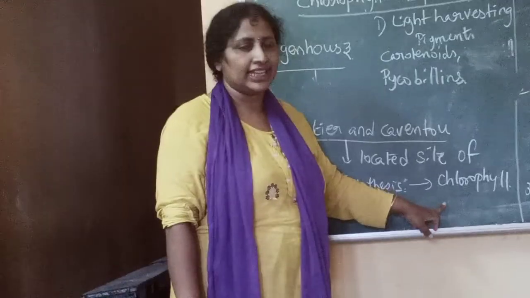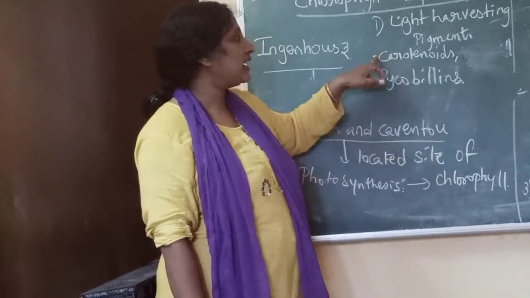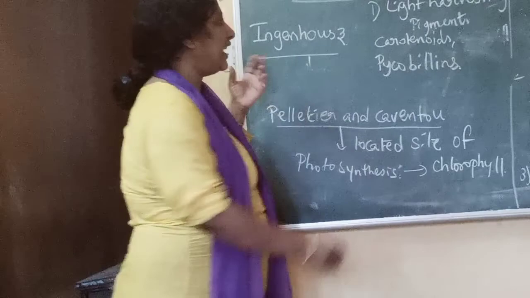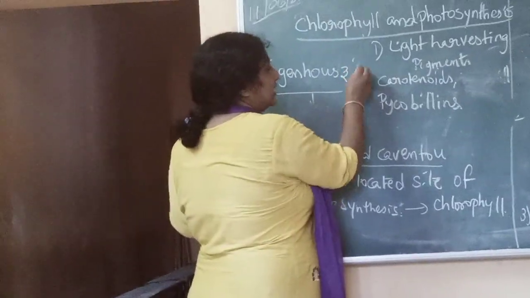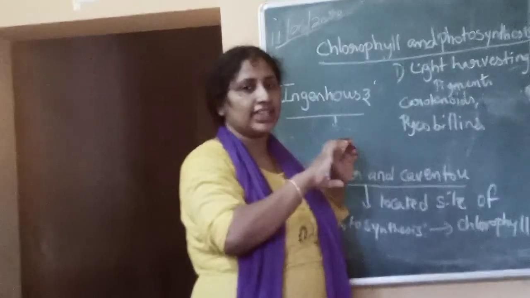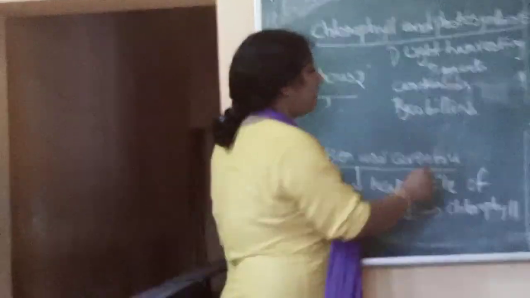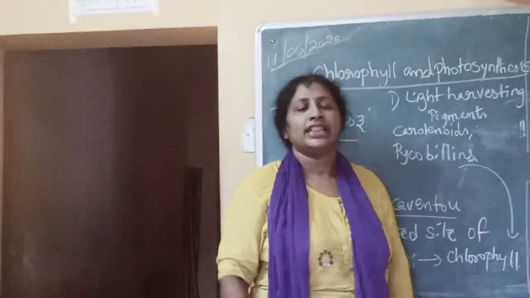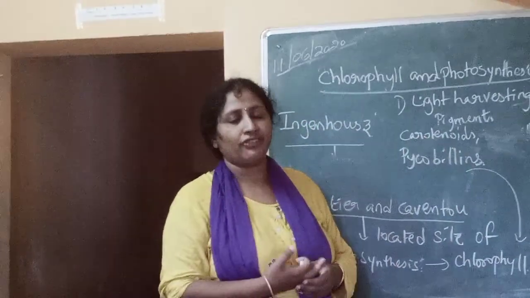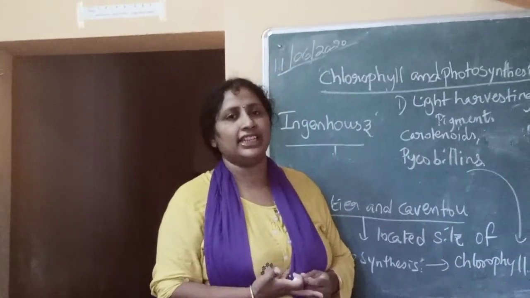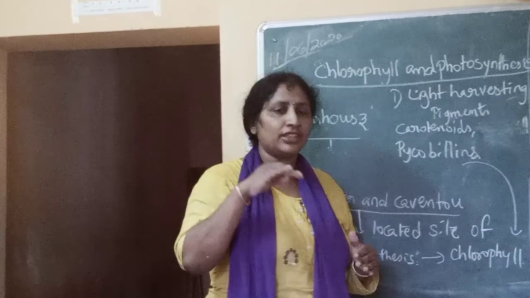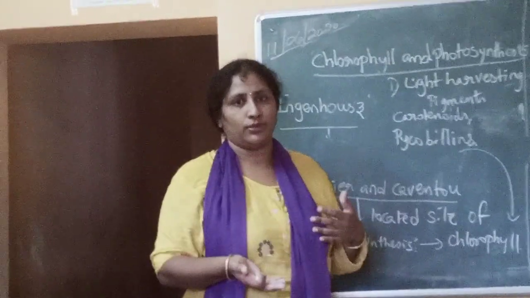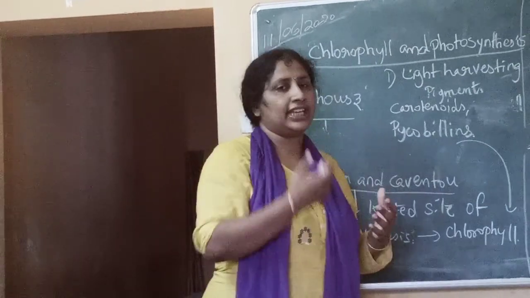Chlorophyll is also a light harvesting pigment, and carotenoids and phycobilins are also light harvesting pigments. They capture sunlight energy and pass it on to the chlorophyll for photosynthesis. Then why are they red in color? The leaf is red because compared to the number of chlorophylls, the number of carotenoids is more.